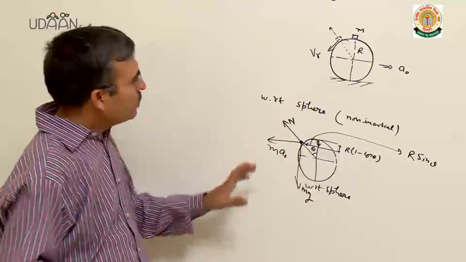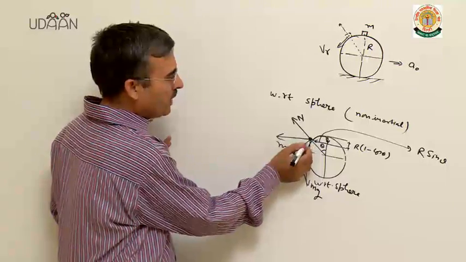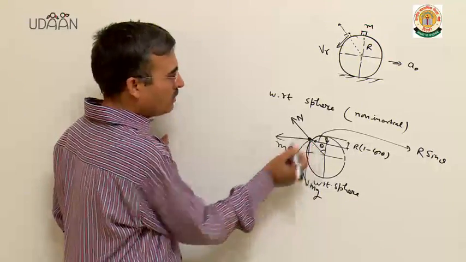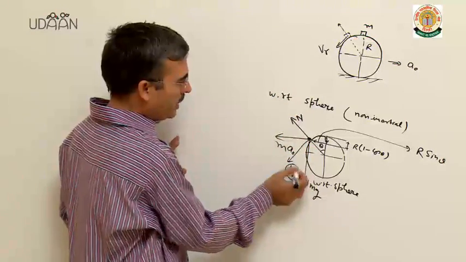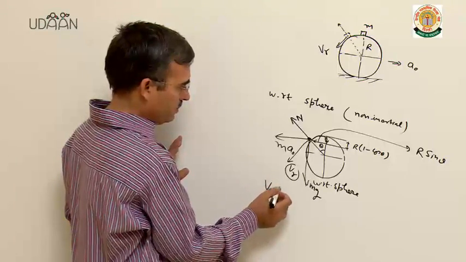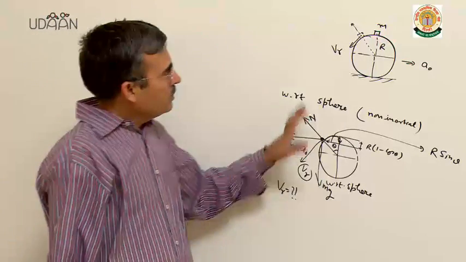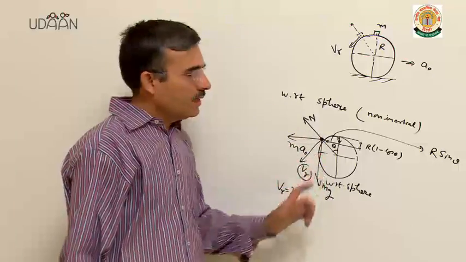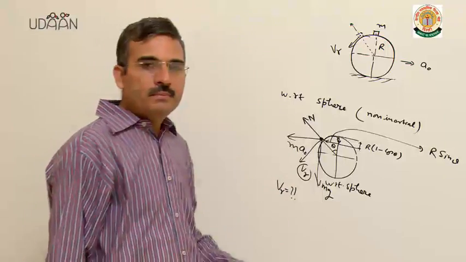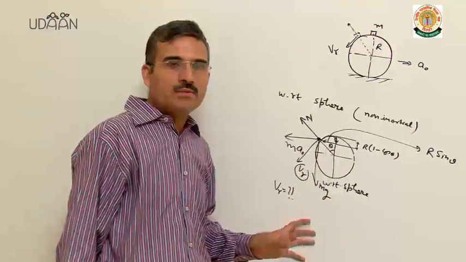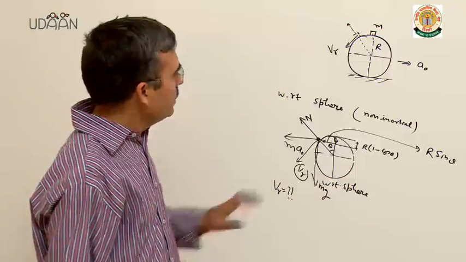Okay, so three forces are acting: normal reaction, mg and m a naught. If my aim is to find velocity of the body, here I have taken the point, we have to find out VR. So let us calculate work done by all the forces and put that algebraic sum of all the works equal to change in kinetic energy of the body, applying work energy theorem here.